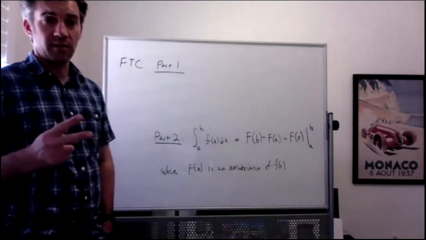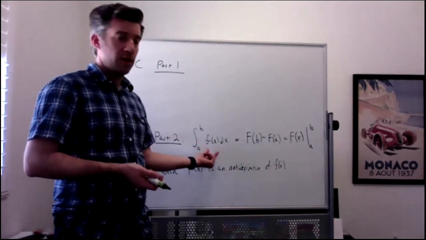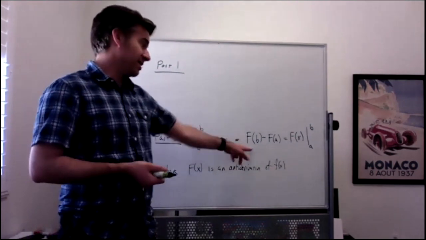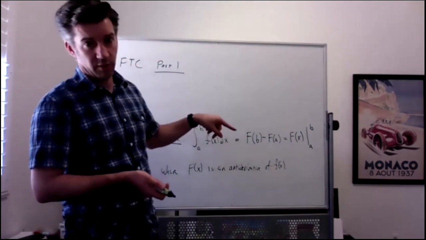So that's what the second part of the fundamental theorem of calculus said. It said if you want to calculate this definite integral, then you antidifferentiate the function, and then you plug in the top endpoint, and you subtract, and you plug in the bottom endpoint.